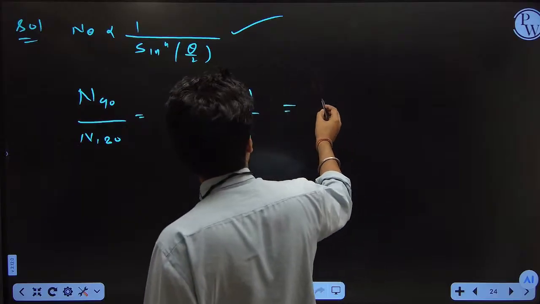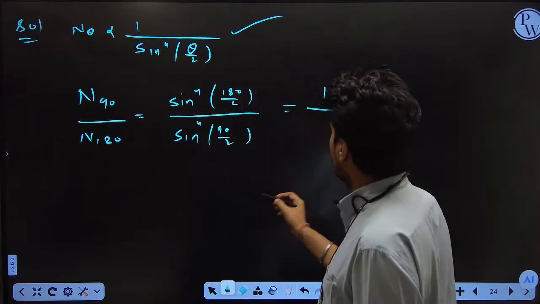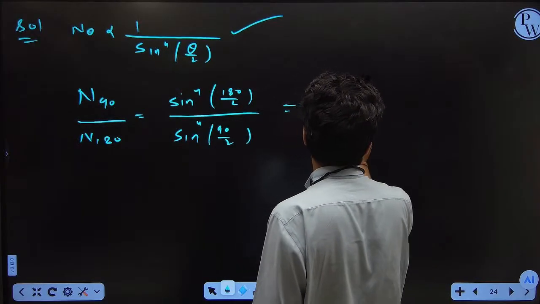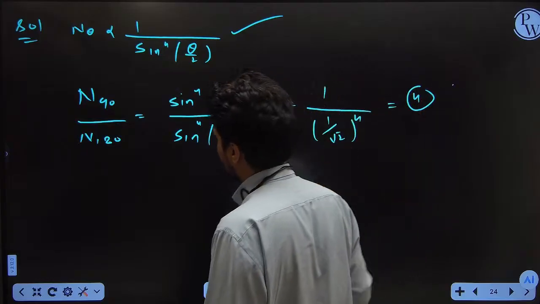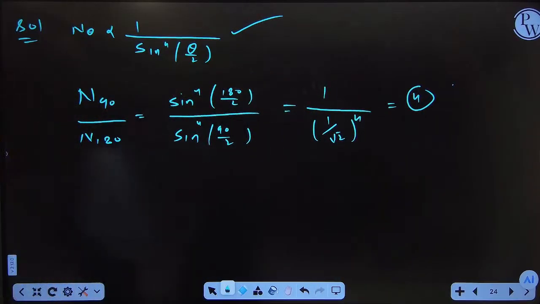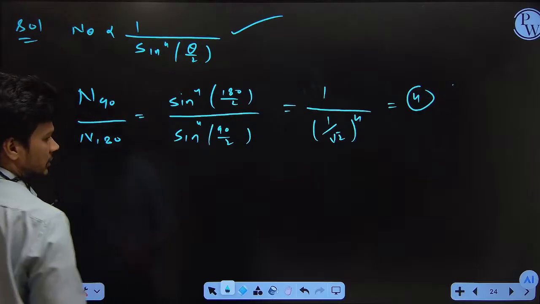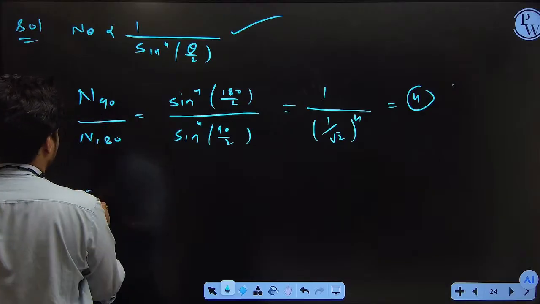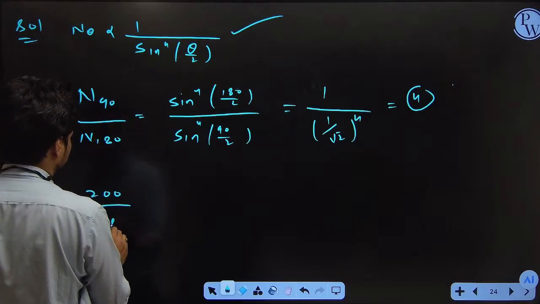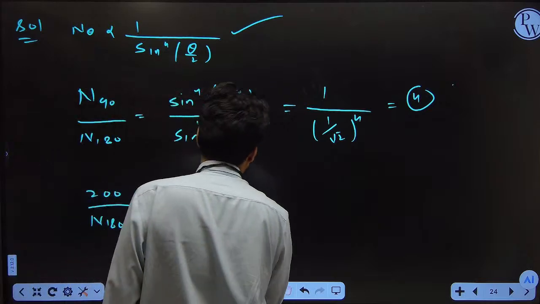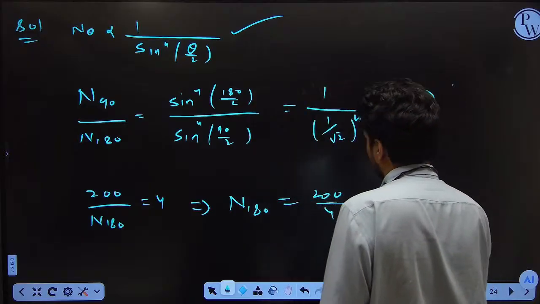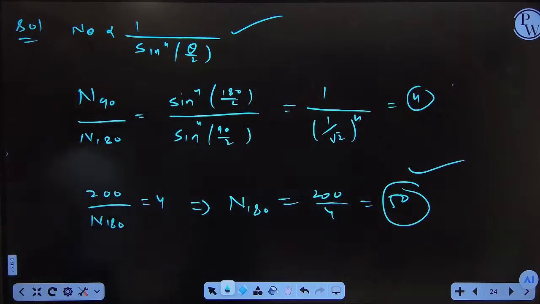Sine 90 is 1. Sine 45 is 1 by root 2, raised to the power 4, so that is 1 by 4. N at 90 is 200, so 200 by N of 180 will be equal to 4. So N of 180 will be equal to 50. Clear?